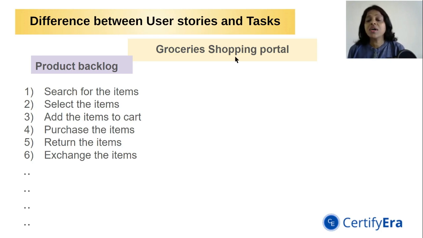Those functions are known as product requirements. For example, searching for items is a functionality, as are selecting the items, adding the items to the shopping cart, and purchasing the items.